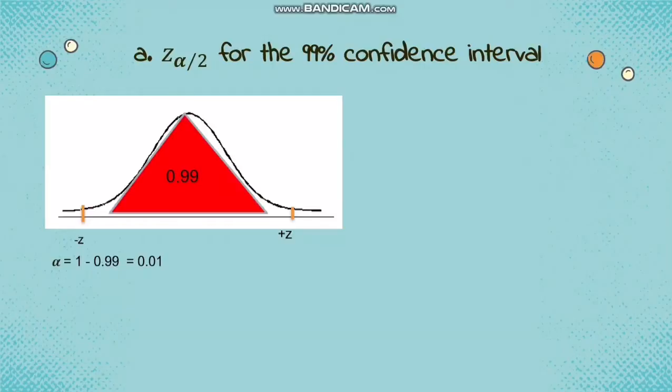Then, let's find alpha over 2. Alpha over 2 represents the area in each of the tails. So, alpha over 2 is equal to 0.01 over 2, which is equal to 0.005. So, 0.99 plus 0.005 is equal to 0.995.